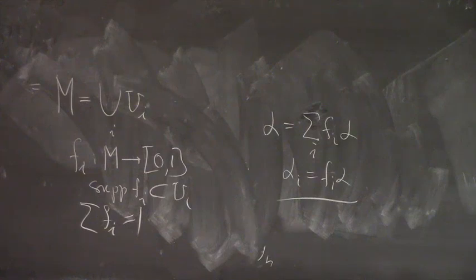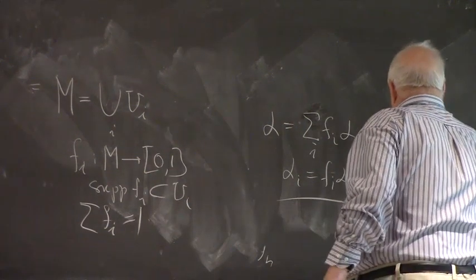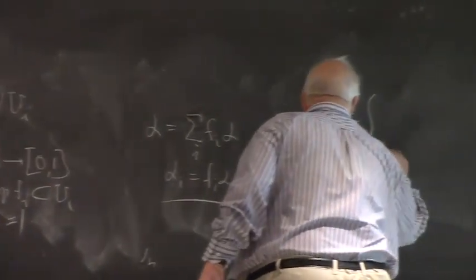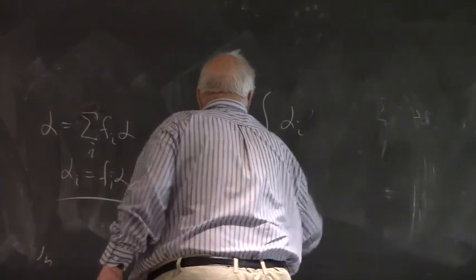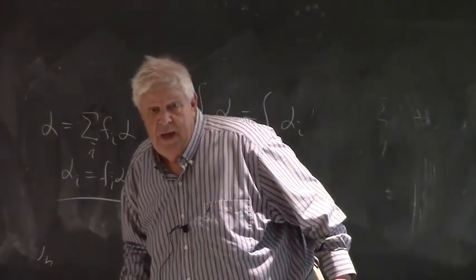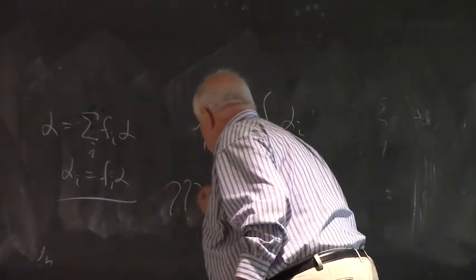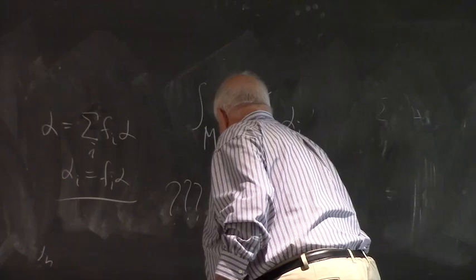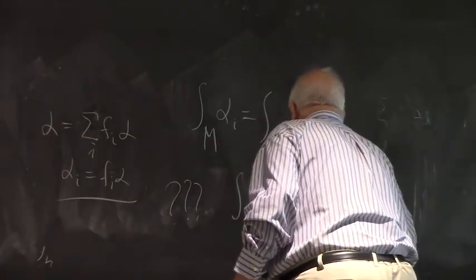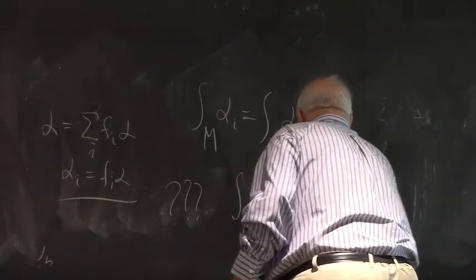And the integral should be the integral over U_i, right? So this integral is well defined, and I use the definition. The integral over M of alpha is the sum over i of the integral over U_i of alpha_i.